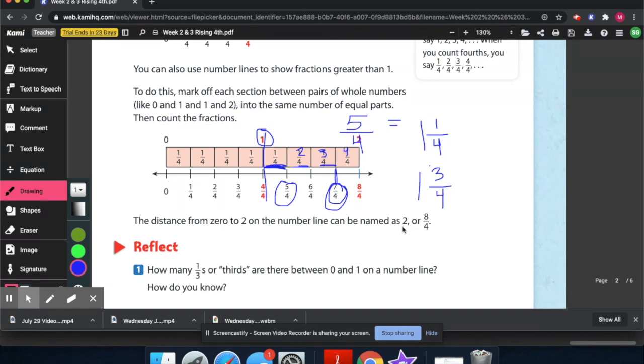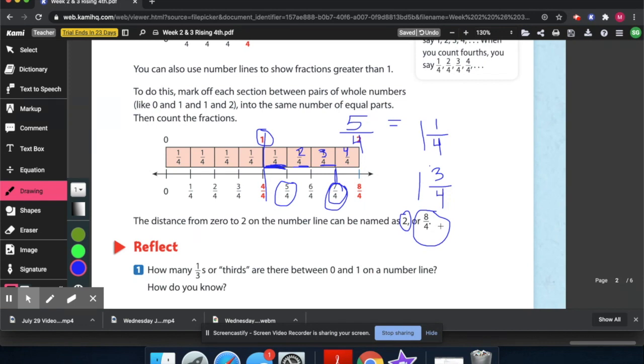That is okay. If you write a 2, I understand that that is the same thing as 8/4 on this number line. Okay, other number lines may go to the whole number 2 and you have to write the fraction for it. It's not always going to be 8/4.